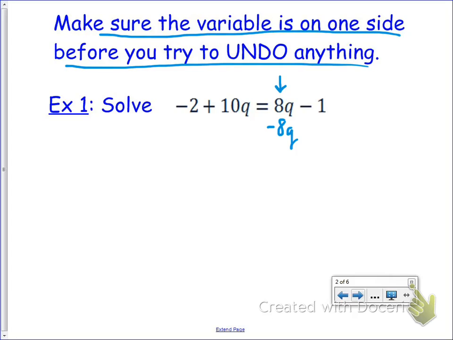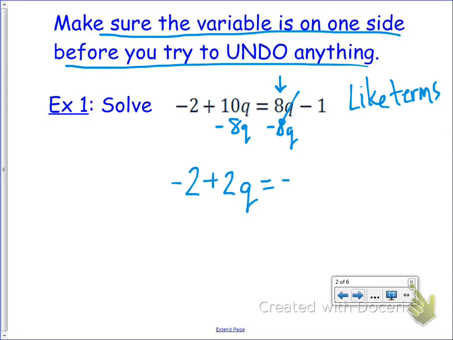So we're using the subtraction property of equality. So we're combining like terms. Notice I didn't try to minus 8q from anything else other than a term that has q in it. And then we simplify, and we get negative 2 plus 2q equals negative 1.